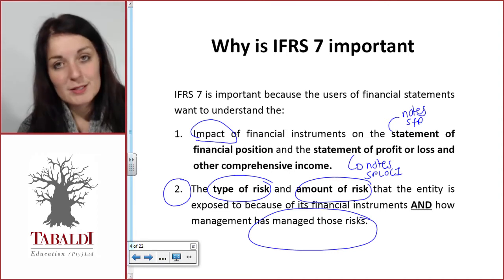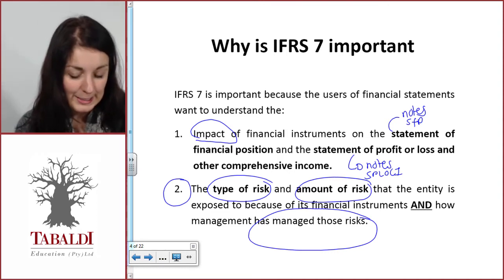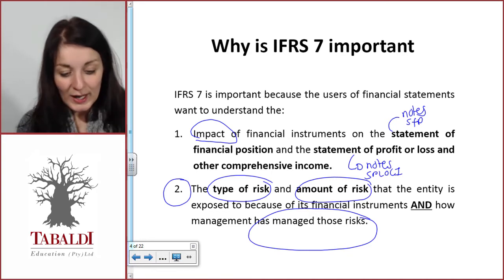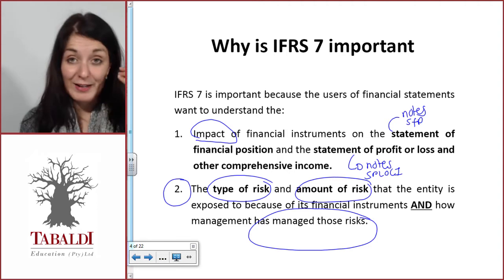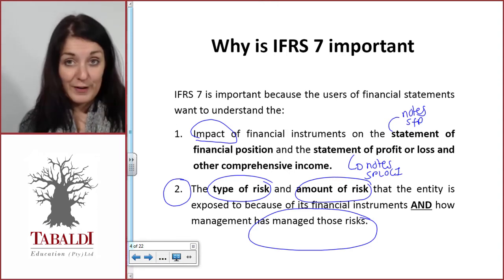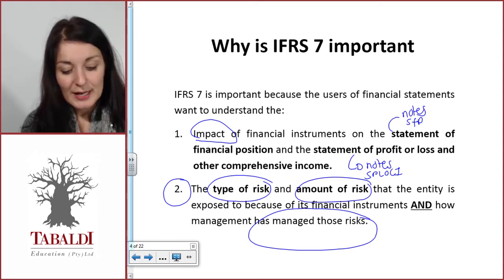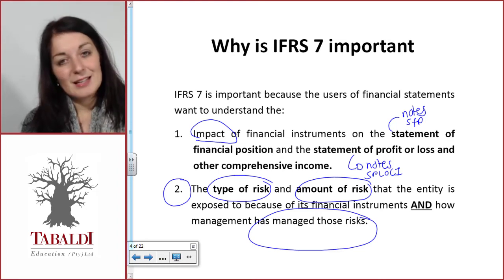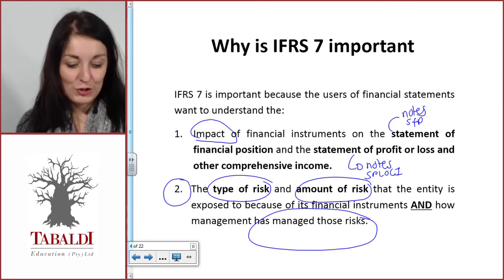So the stewardship principle, and we'll look at that in the next slide. So 1, tell me about the impact of the financial instruments on my financial statements, and I will show that in the notes or on the face where the standard allows me to do that. And then secondly, tell me about the risk, the amounts of those risks, and how the entity managed those risks.